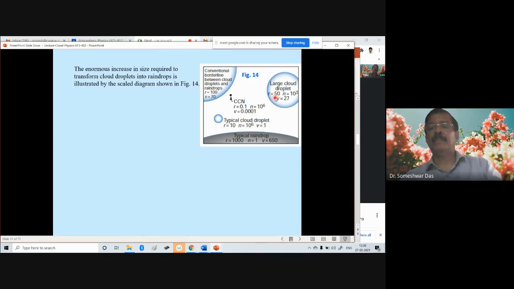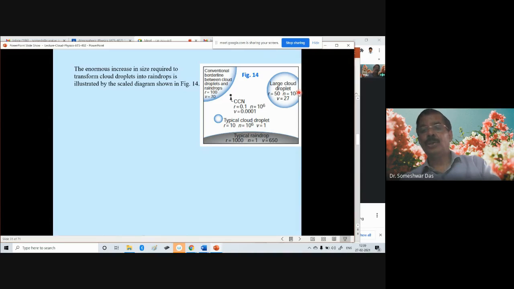The number concentration of such large droplets has decreased, because the larger the size, the lesser the number. From 10 power 6, it has decreased down to 10 power 3.